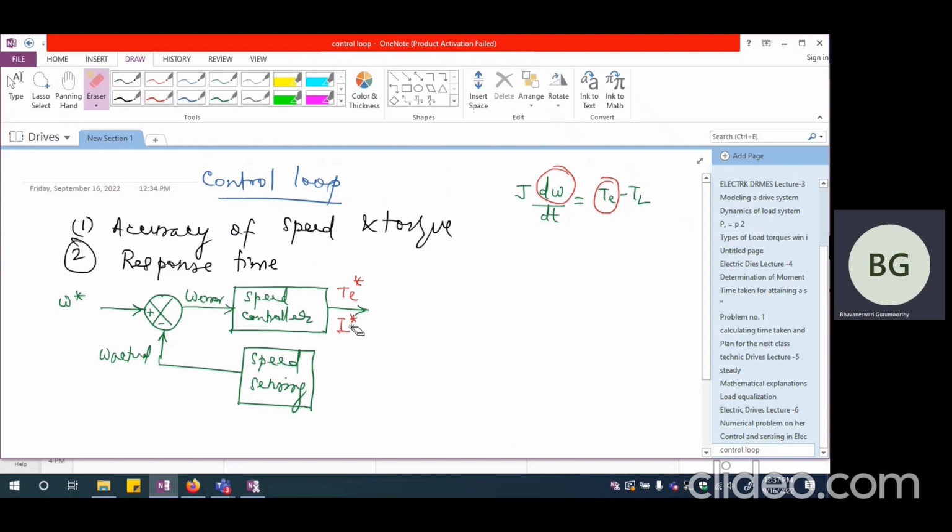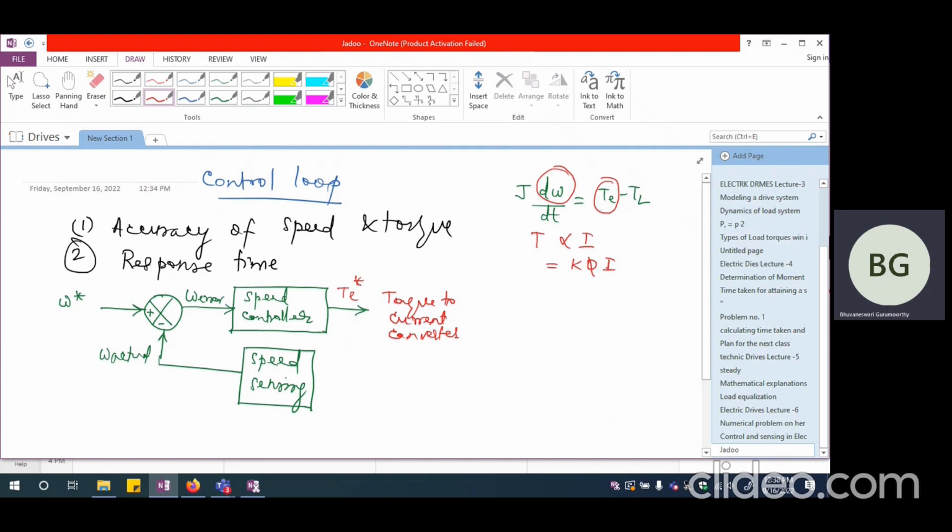Or I can say I can have a torque to current converter. Most of the times the torque is going to be proportional to the current. And if I try to look at it, this will be K phi I in most of the cases.